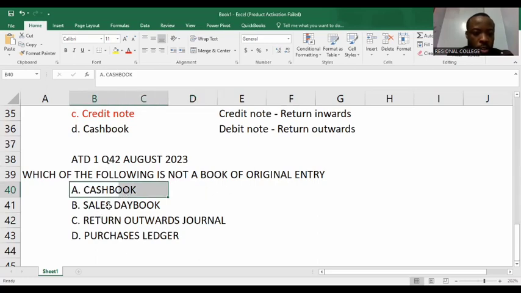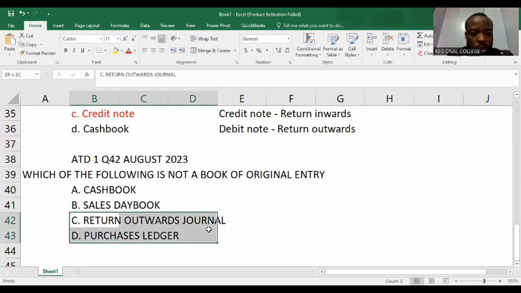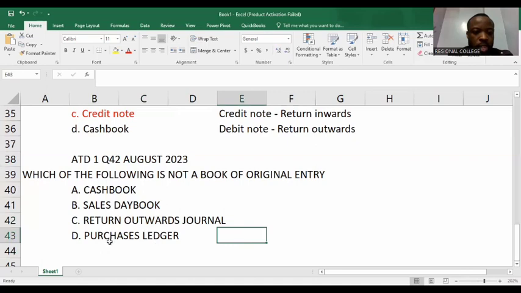Sales day book also can record the transaction for the first time from the sales that you are making on credit. Return outwards, because of the debit note, you can also record it for the first time. Purchases ledger always comes after the journalizing. Remember the life cycle of the business, the ledger accounts. Purchases ledger, that means they are coming from the purchases day book, is when they can go to the purchases ledger. So this is not the original one.